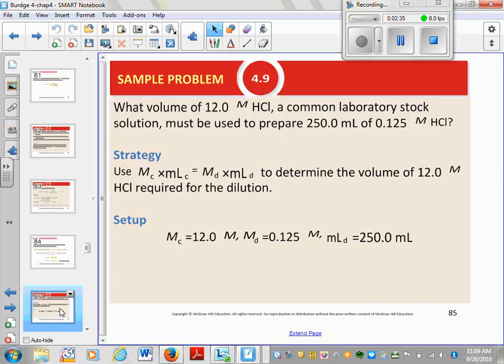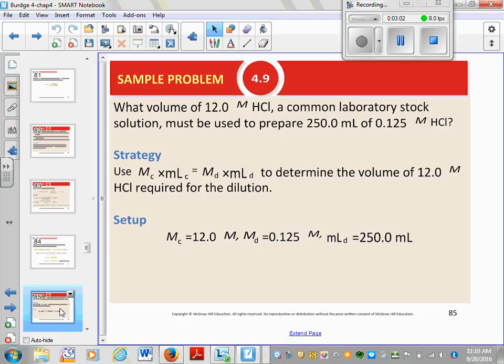So here the question is, what volume of a 12 molar HCl solution must be used to prepare 250 milliliters of a 0.125 molar solution? Well, using this formula, what's the molarity of the concentrated solution? 12. So it goes here. We don't know the volume.